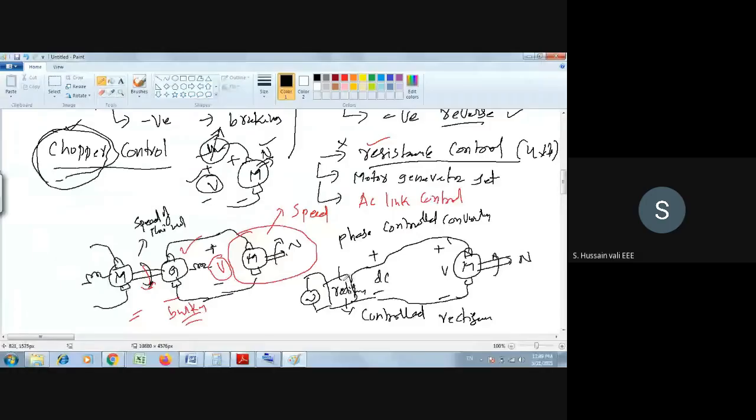There are several types: single phase phase control converters, three phase control converters, semi converter, full converter. So several converters are there.